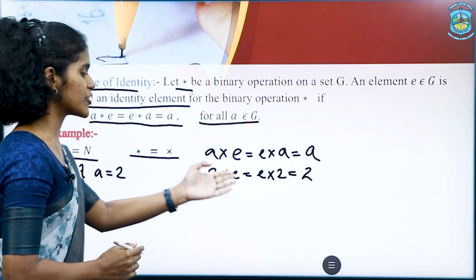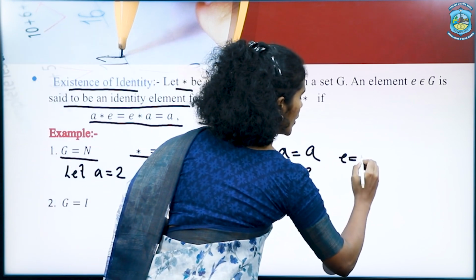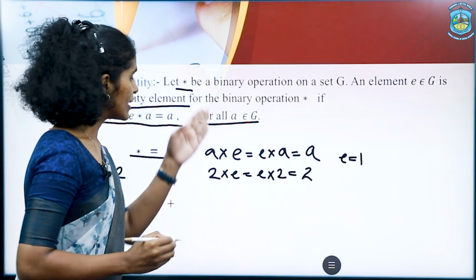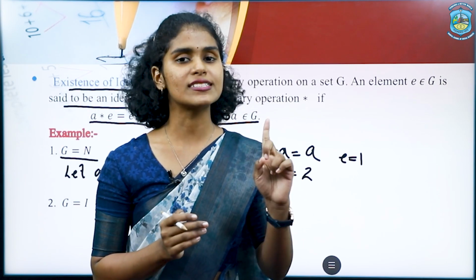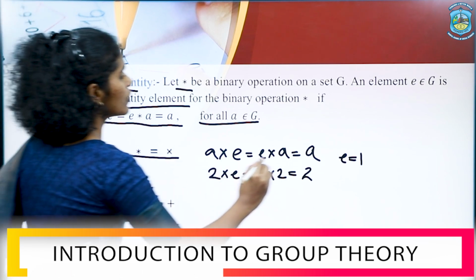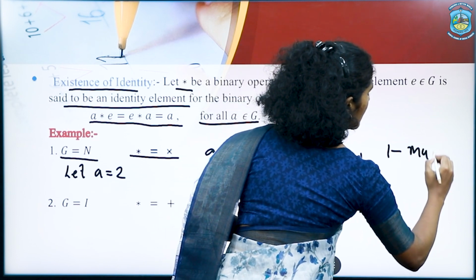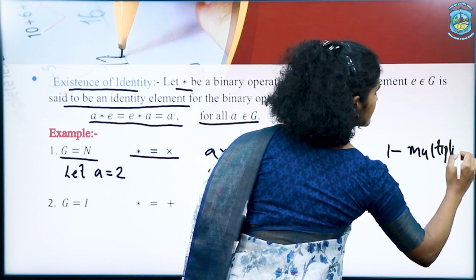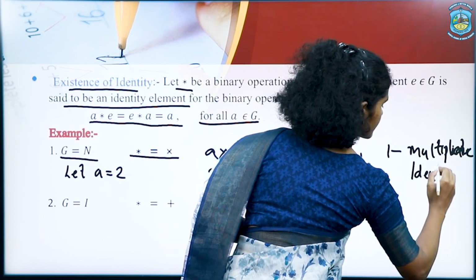Is there any natural number which satisfies this condition? Yes, E equal to 1 satisfies this condition. We already know that in case of multiplication, multiplicative identity is always equal to 1. We have already studied it in our school. So whenever multiplication comes, 1 is the multiplicative identity.